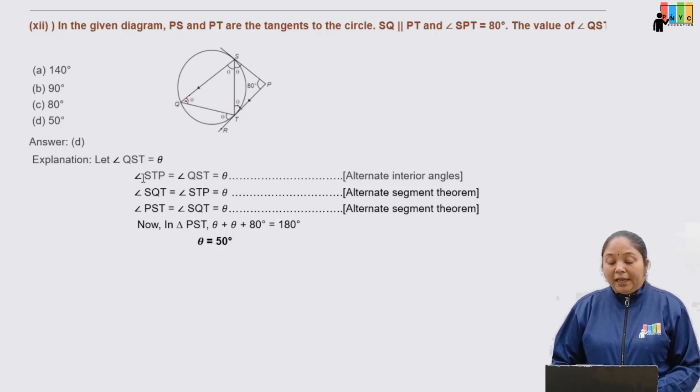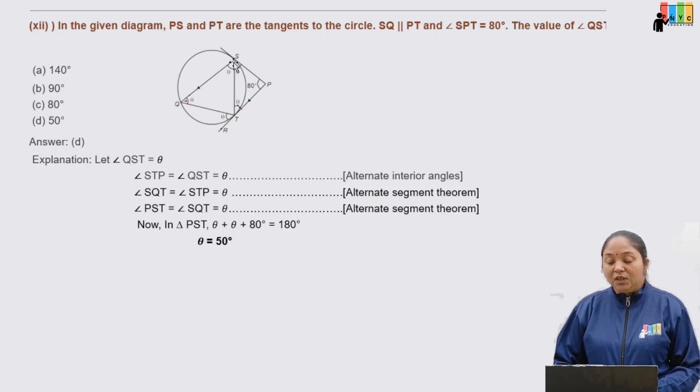Now angle STP is equal to angle QST, that is equal to theta, as they are alternate interior angles.